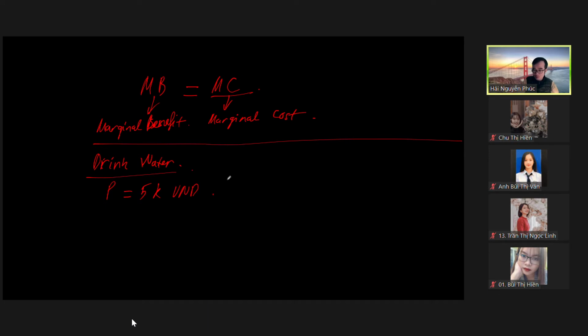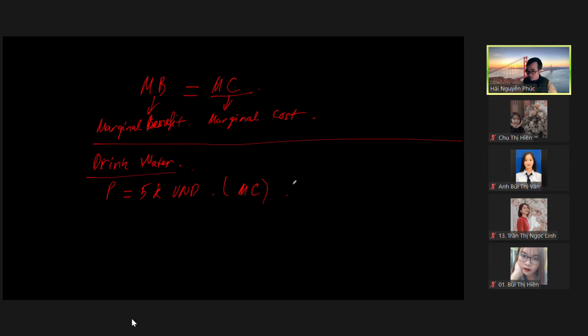If you buy one bottle of water, you pay 5,000. If you buy 1,000, you also pay 5,000 for each bottle. In our case, you are the person who wants to drink water. It is going to be your marginal cost. It means that if you want to drink an additional bottle of water, it costs $5,000.